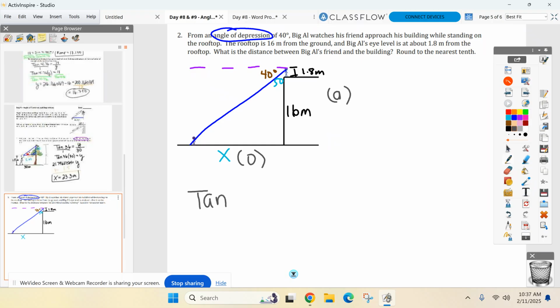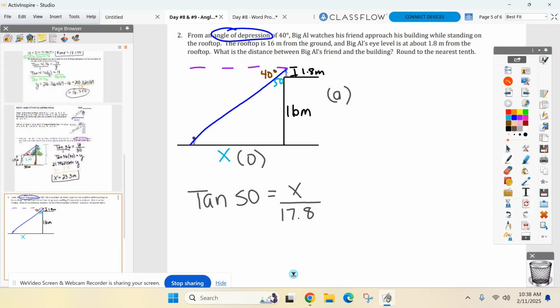So tan of 50 equals opposite over, watch yourself here, not 16. It's not 16. Don't use 16 as the side. What do I need to still add to it? 1.8. So actually I'm going to be putting 17.8 in here for that side.